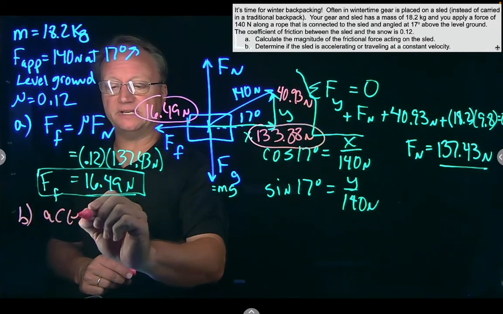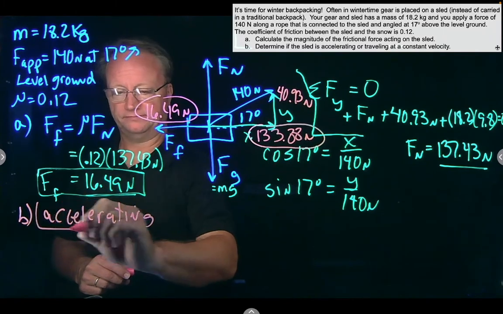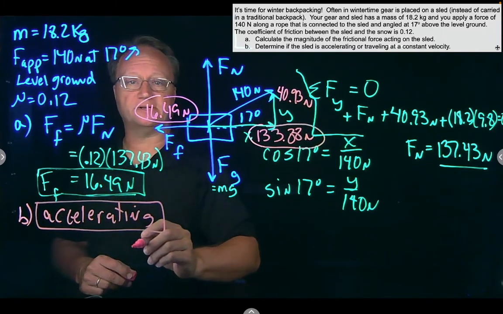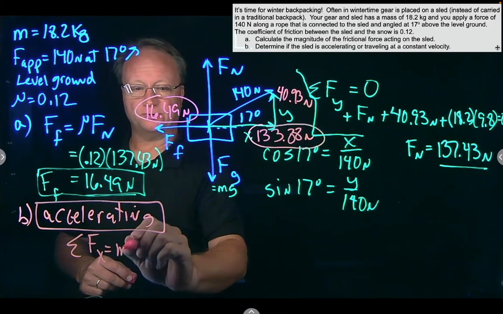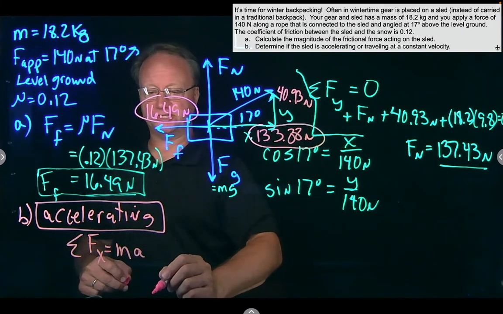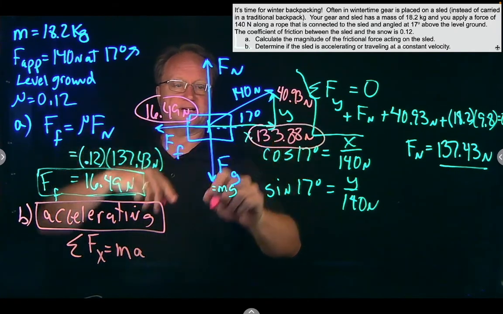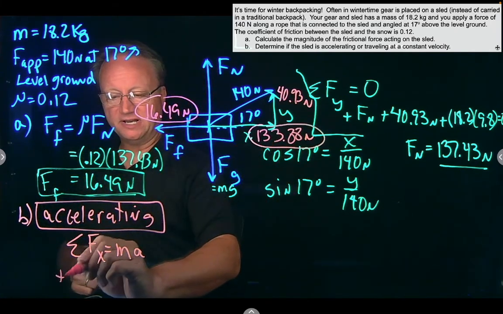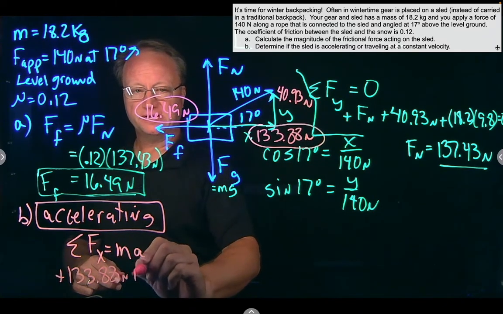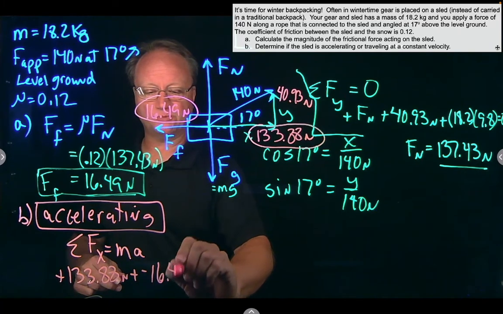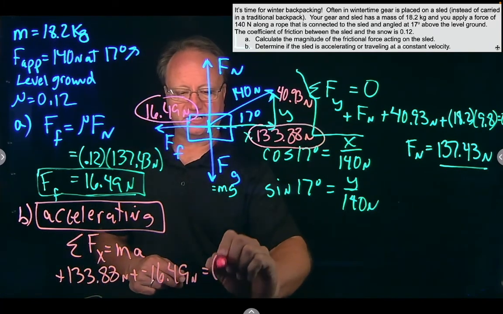Now let's calculate that acceleration. So we can immediately say accelerating. To be able to calculate that, Newton's second law horizontally, net force is equal to mass times acceleration. This means set up an equation, find the extra newtons. So this is going to be a positive 133.88 newtons combined with a negative 16.49 newtons equals mass times acceleration.